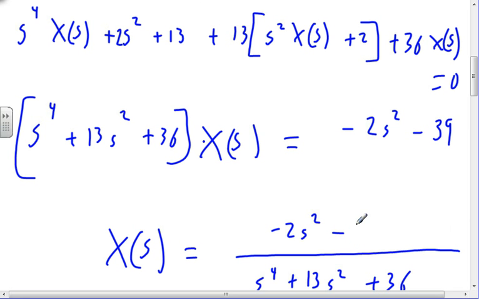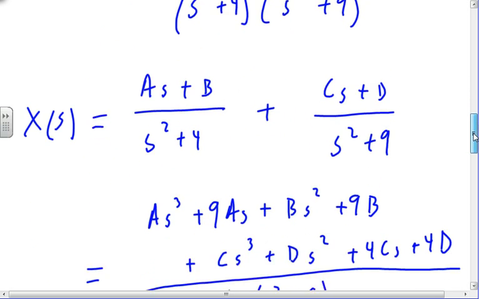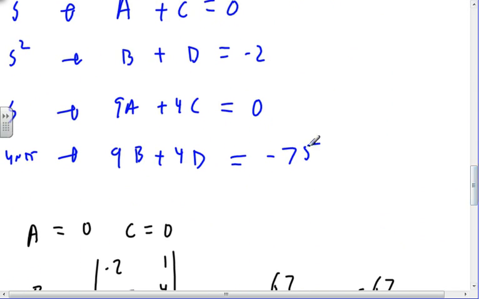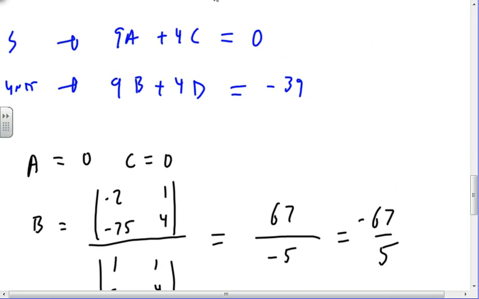Alright, so that's 39, that's 39, this becomes 39, this becomes 39, this becomes a 39.